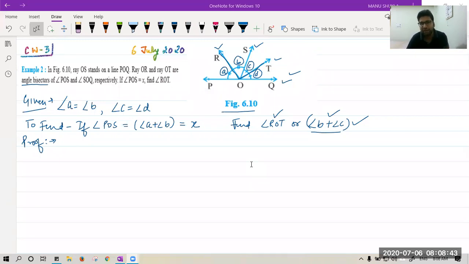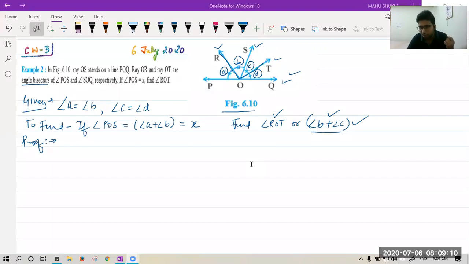Because you want to find angle ROT, you need to understand how you can bring in measurement of angle. We all know POQ is a straight line. What thoughts come to your mind when you think POQ is a straight line?